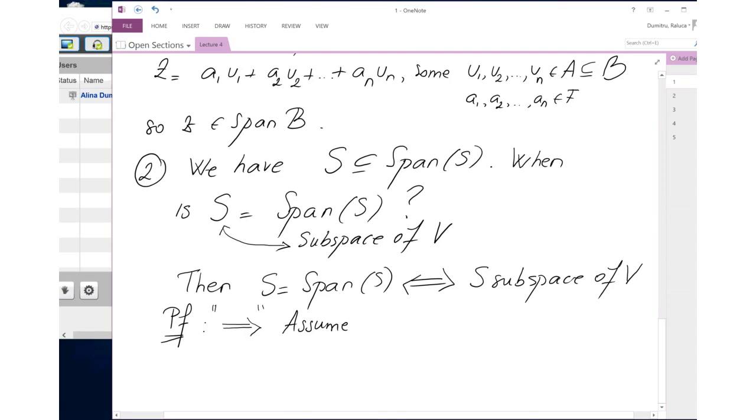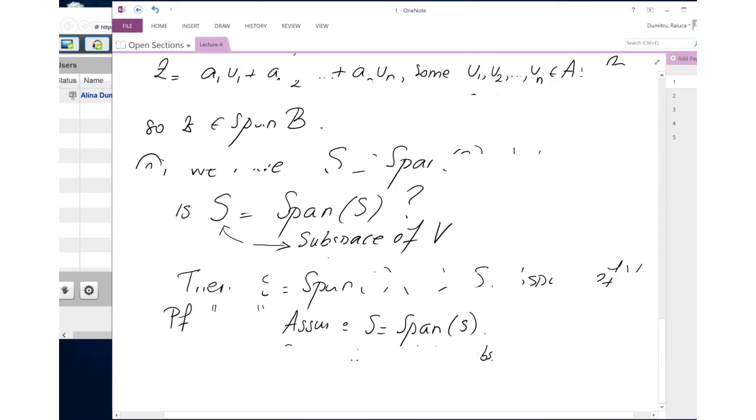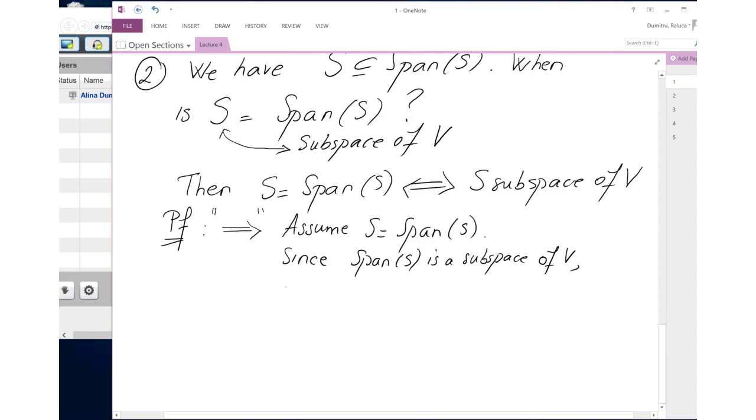I'm assuming that S equals its span. But we already proved that the span of any set of vectors is a subspace of V. Then S has to be a subspace of V.